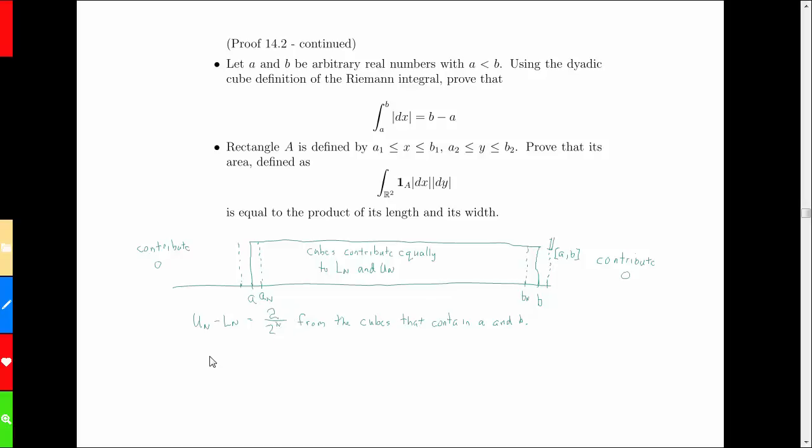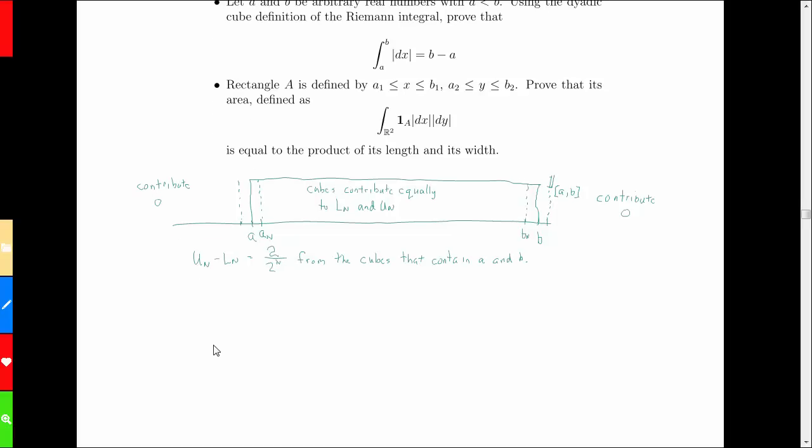Since this approaches a limit of 0 as n approaches infinity, the indicator function for the interval from a to b is integrable. Once we know that a function is integrable, we can take our choice, either take the limit of the lower sum or the limit of the upper sum.